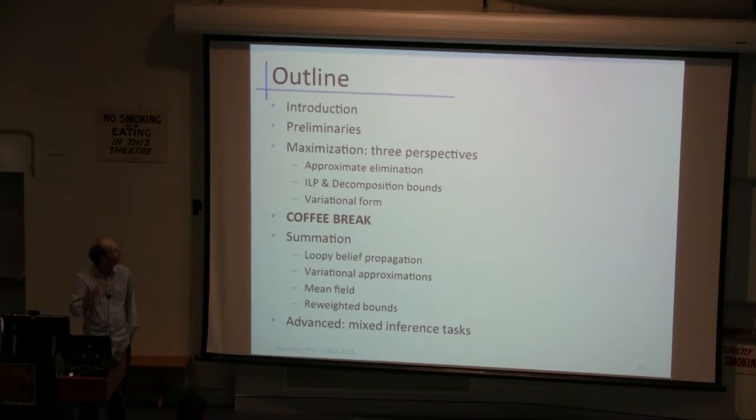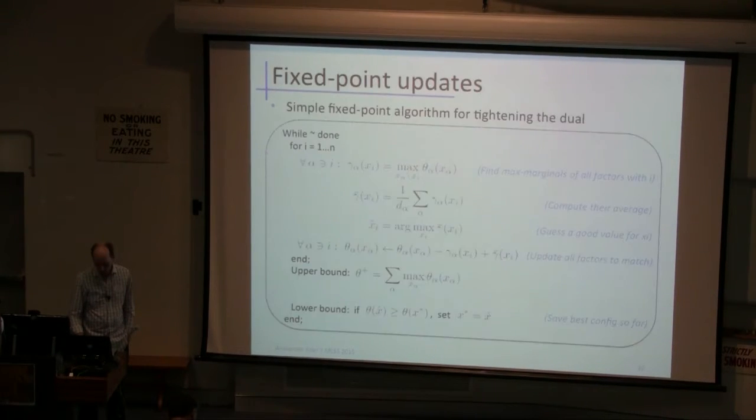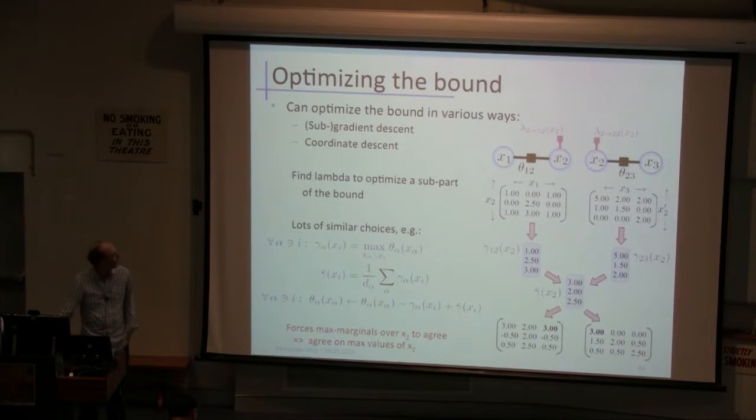They're all fairly equivalent. Typically, the fastest converging stuff are these fixed point coordinate descent algorithms.